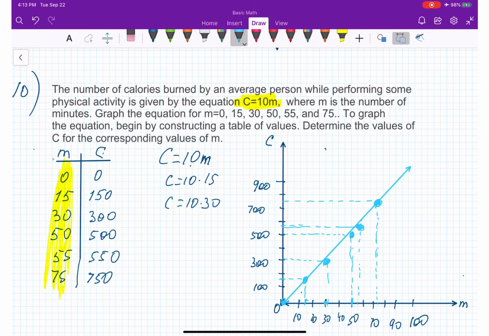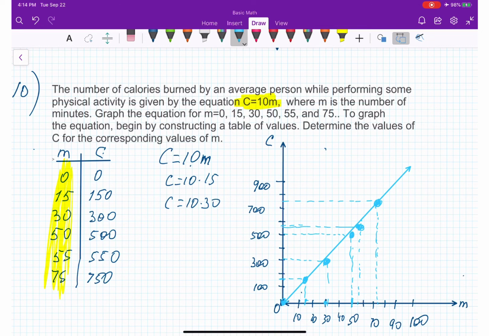So what do we say? To graph the equation, begin by constructing a table of values. We did. Determine the values of C. We did it. So we have a linear equation, which means what can we say? The number of calories burned is getting more and more the longer the person is exercising.